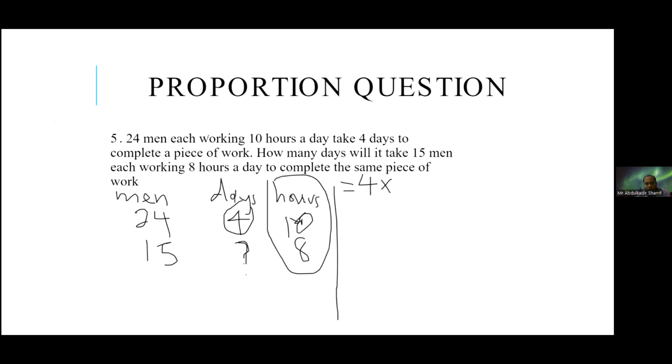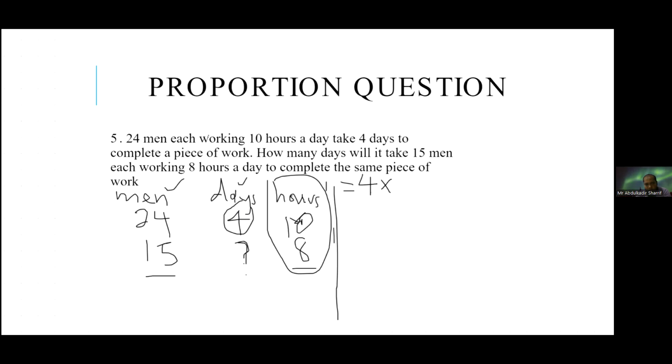You assume they're taking just 1 hour. Assume that 24 men are taking 1 hour to accomplish a 4 days job. So how about 15 men who are also taking just 1 hour? How many days will they take to accomplish it? Will they take more days, or will they take less days?